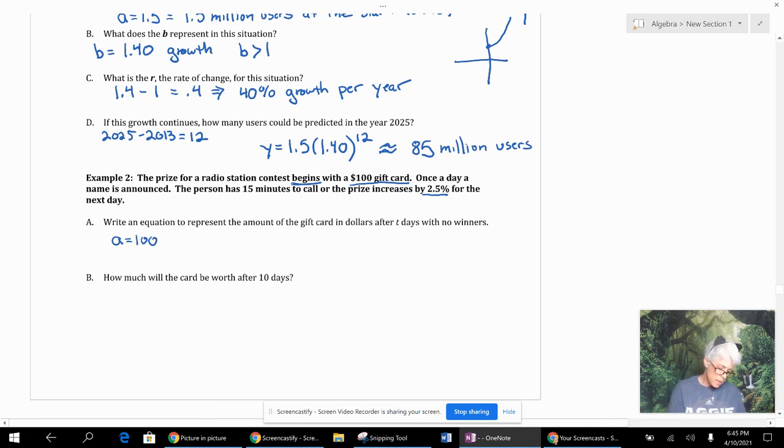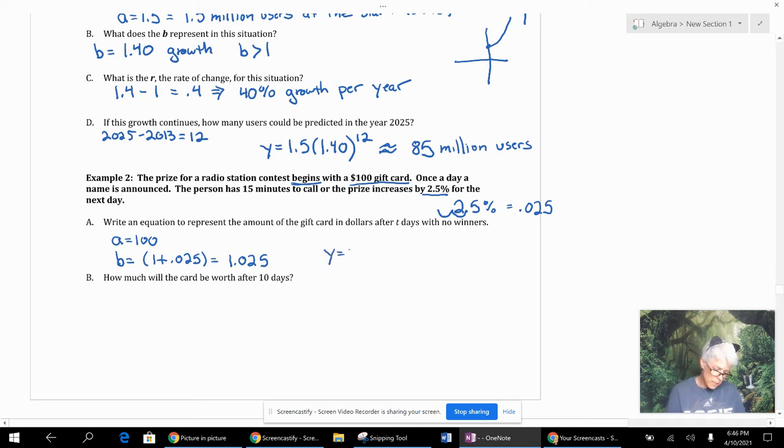Our B is going to be, we have to take our 2.5% and change it to a decimal, which is 0.025. So our B is going to be 1 plus 0.025, which is 1.025.